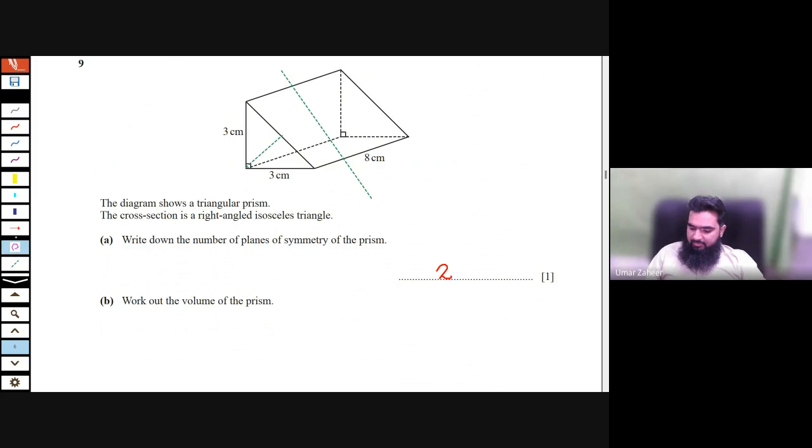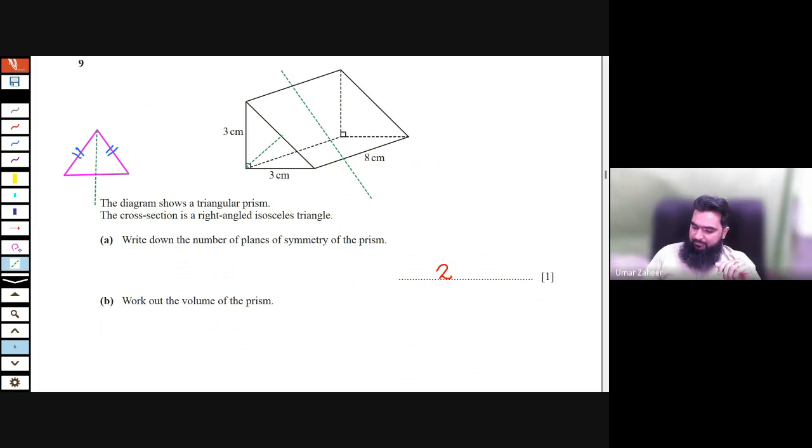We know that if you have only the isosceles triangle, we have only one line of symmetry, and if these two sides are equal, this is the line of symmetry. But we are talking about the triangular prism, so it divides the prism into complete parts.